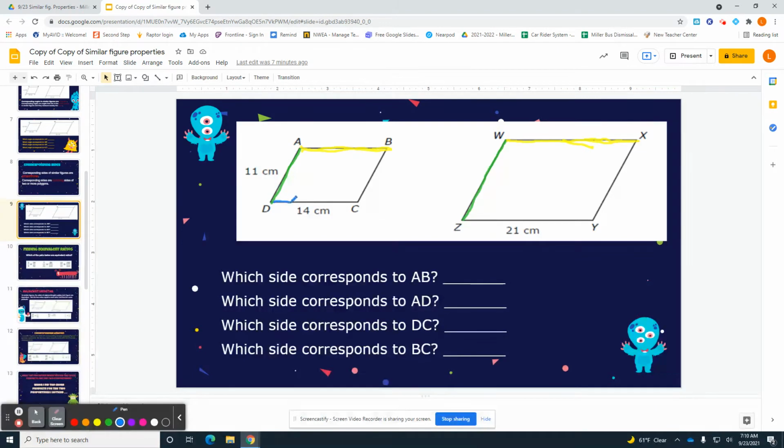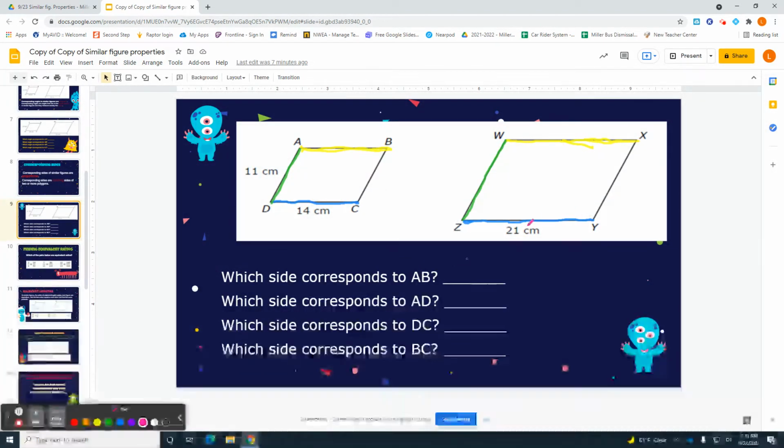Line DC. DC is this one, and on this one, I know my acute angle is on the left and my obtuse angle is on the right. So then I know that this one is the one that matches it because it has the acute angle on the left and the obtuse on the right.